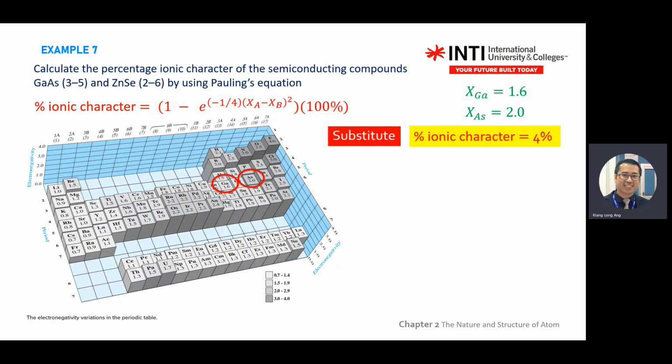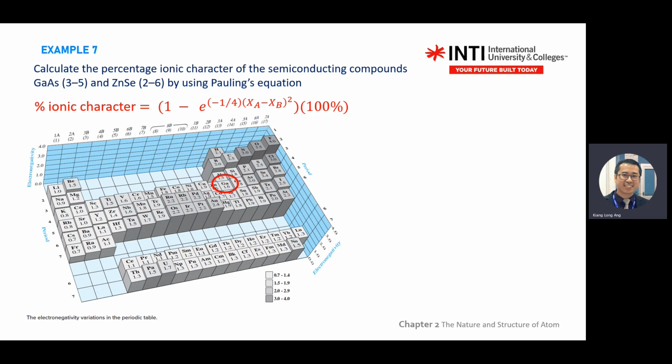Can you do the second one using the same approach and find the answer? What is the ionic character for ZnSe by using the diagram? Okay, maybe I clear the board for you. Where is Zn?